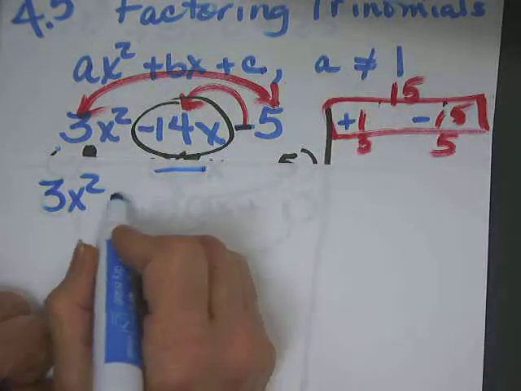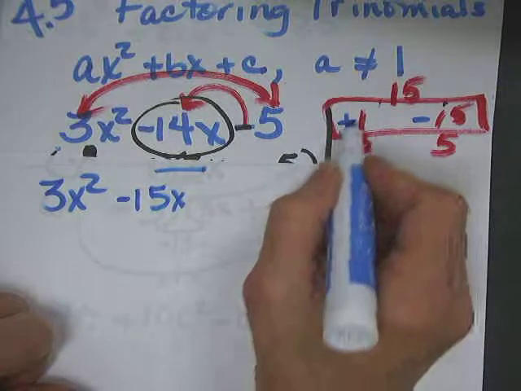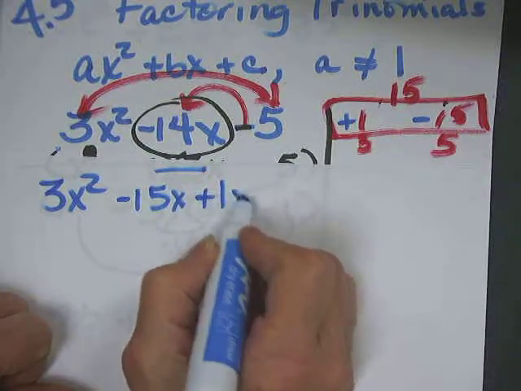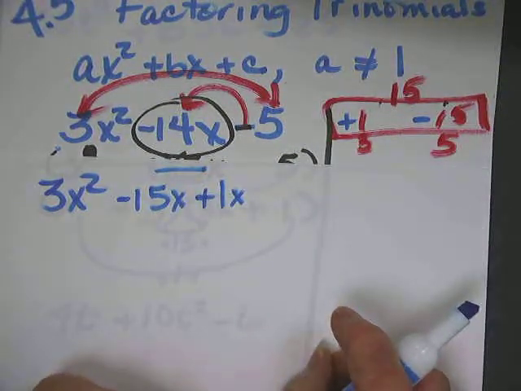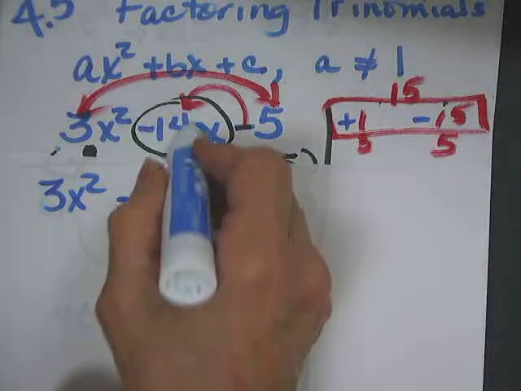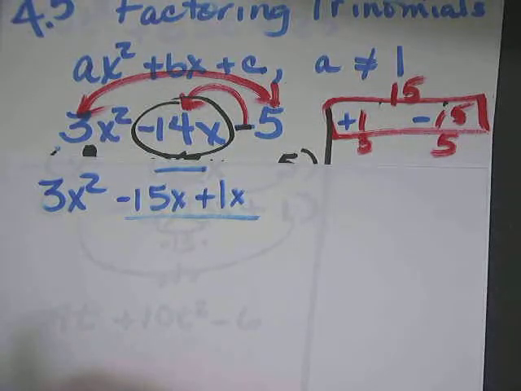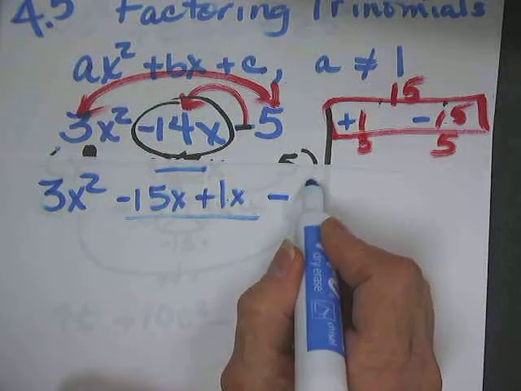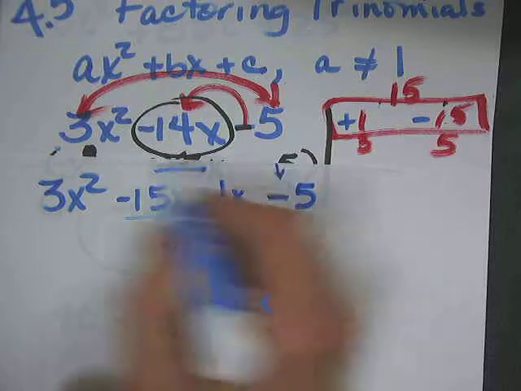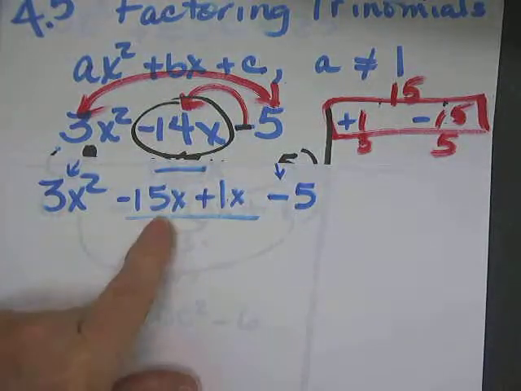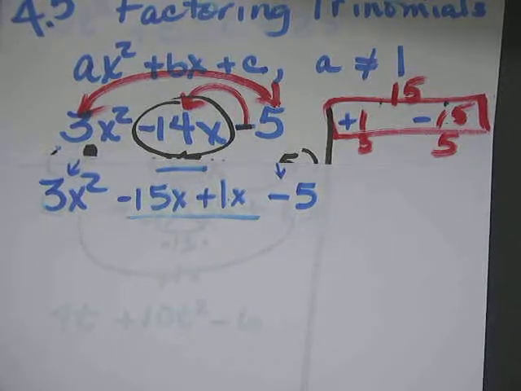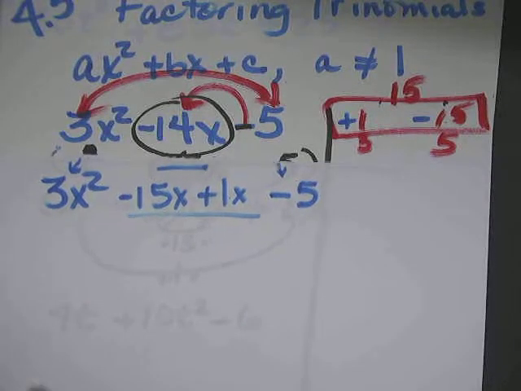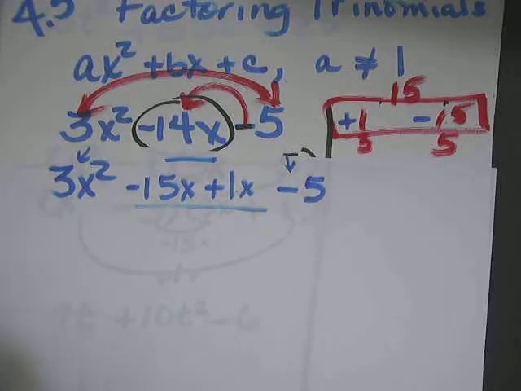And instead of that, I'm going to write negative 15x and a positive 1x. Okay, so I did this instead of that. Does everybody see that? I'll put that here, and then we write the negative 5. So that came down, and then change the middle.